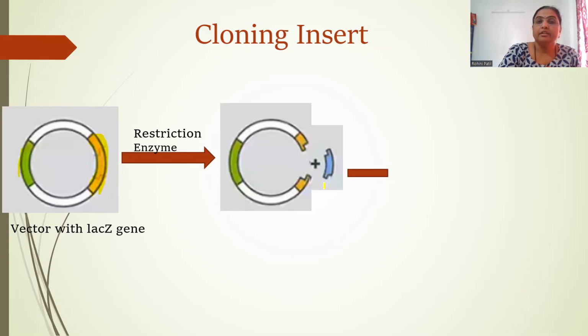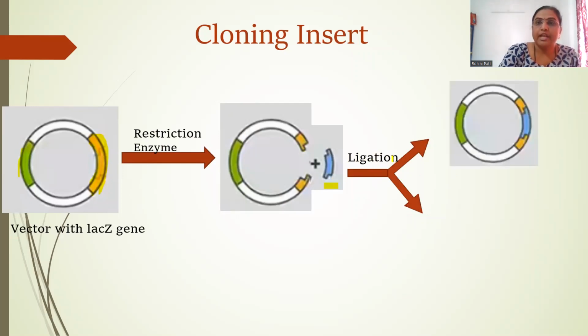Then you add an insert, and after addition of the insert you have to go for ligation with the help of the enzyme ligase. When you go for ligation, you observe that the insert gets ligated with the vector.